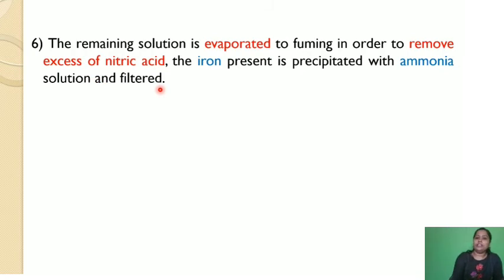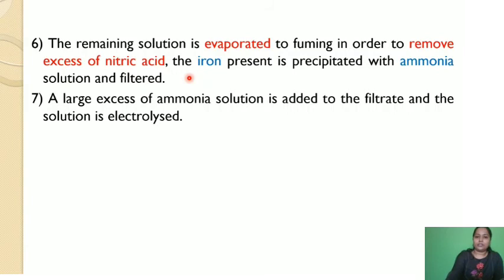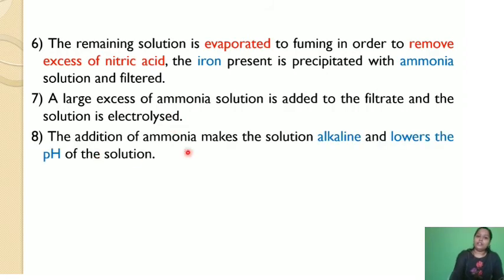A large excess of ammonia solution is added, so all the iron is precipitated as its hydroxide. The addition of ammonia makes the solution alkaline.